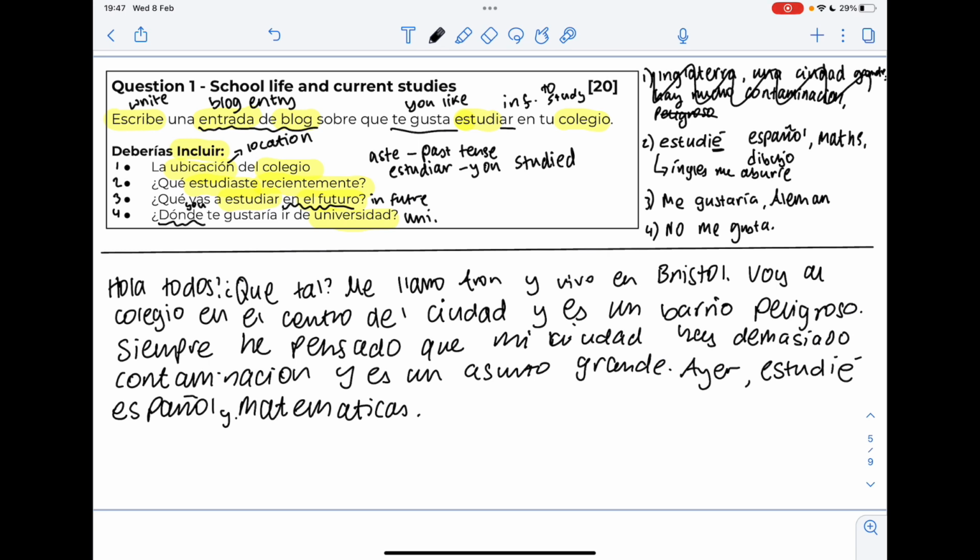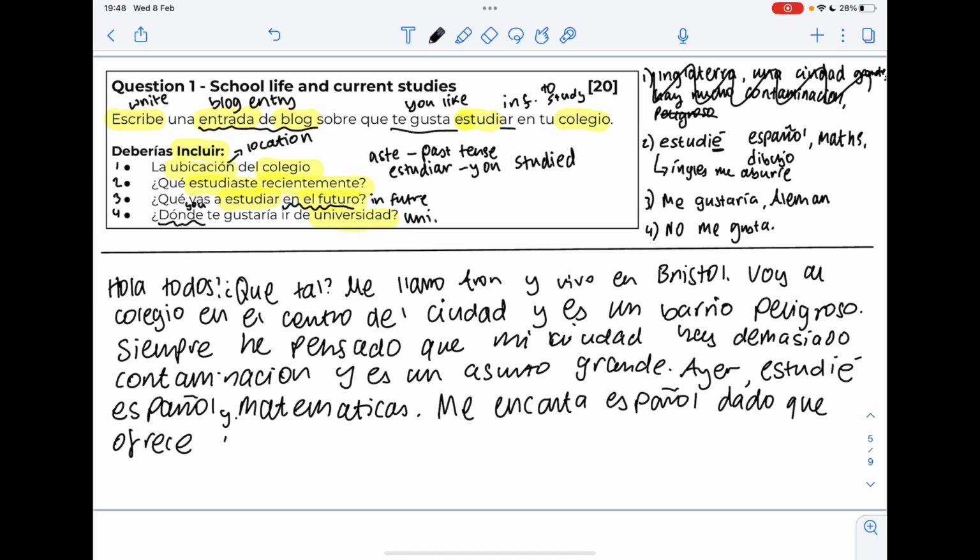I could say, me encanta español. Dado que, puesto que, creo que, no creo, dado que, puesto que, porque, ya que, dado que ofrece la oportunidad de aprender idioma nueva.